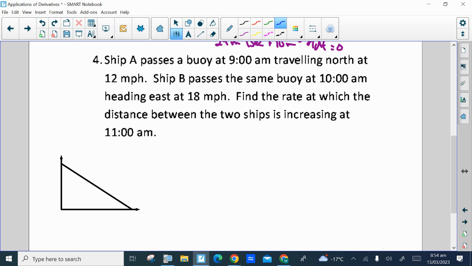The distance between the two ships is always increasing. So if we say that's x, the height is y, and let's say the hypotenuse is z in this case. Ship A passes the buoy at 9 a.m., traveling north at 12 miles per hour. So that will be dy by dt.